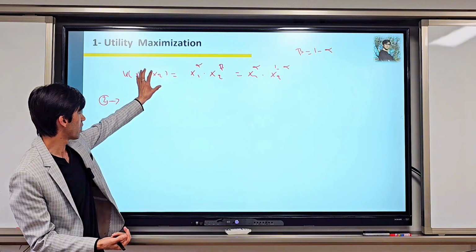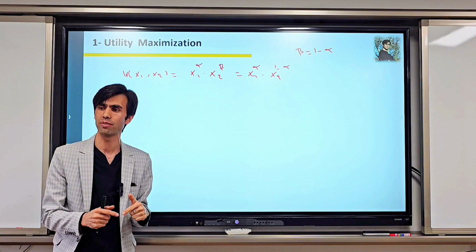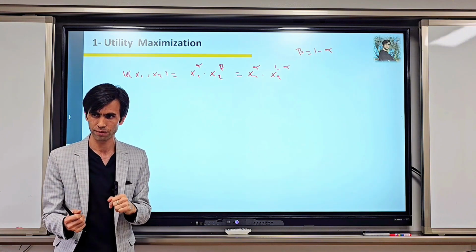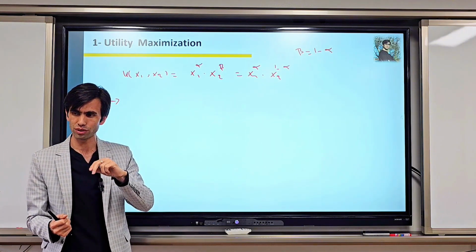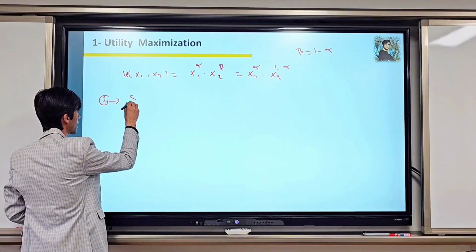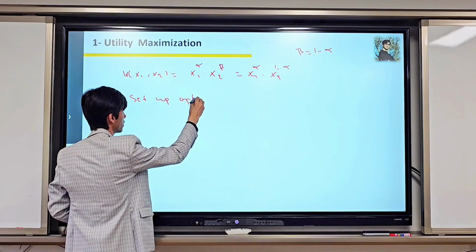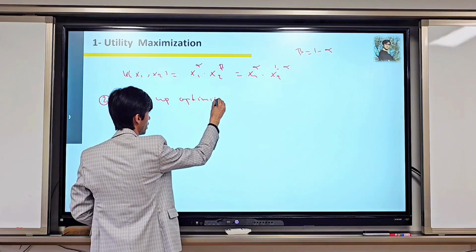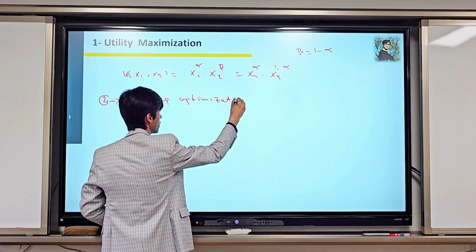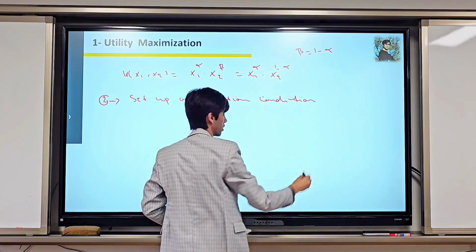So when we have this kind of utility function, which is differentiable, or twice differentiable, we need to do just the optimization step. For example, the first step, set up the optimization condition.